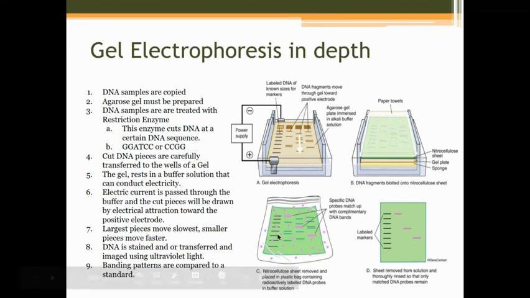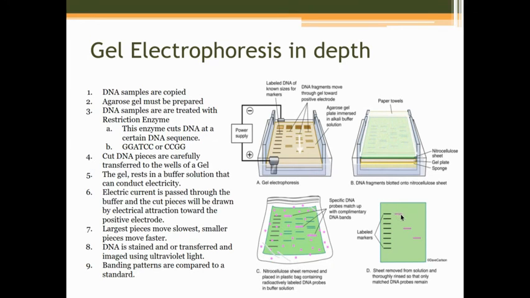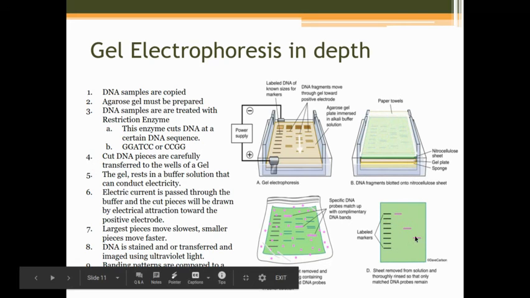And that way, when a band shows up in the same spot, they know how big that band is. So this band, this pink dash here, would be sizes of DNA fragments that are the same as here. And this band would be the same as this fragment.